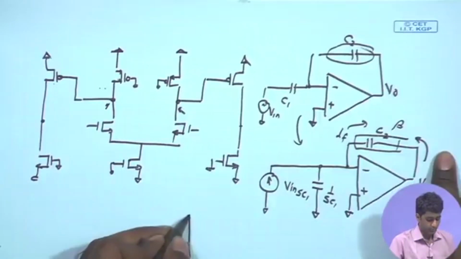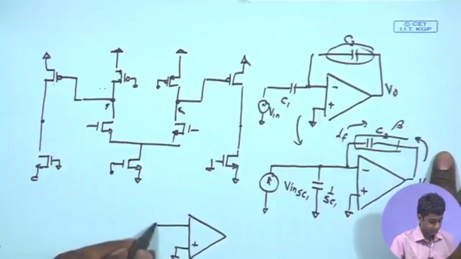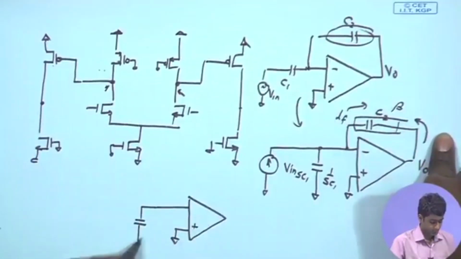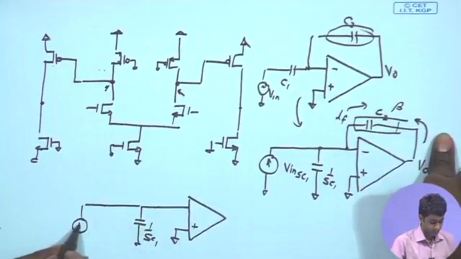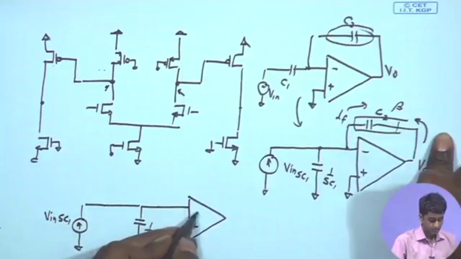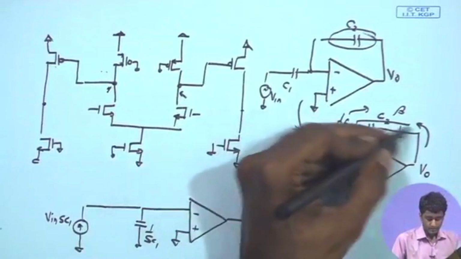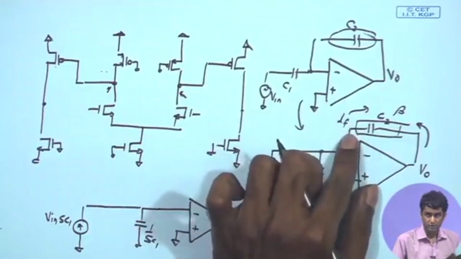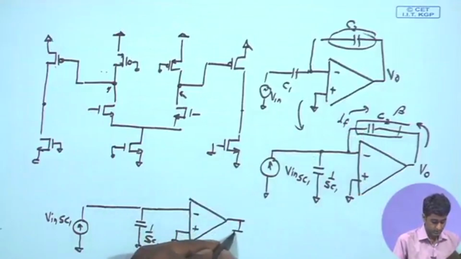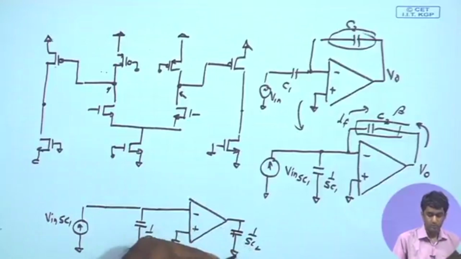Therefore, in the equivalent open loop amplifier, I have 1 upon SC1, I have the V in times SC1. While opening this feedback loop, looking from the output side, this was shunt connection. For the shunt connection, we need to short circuit it.